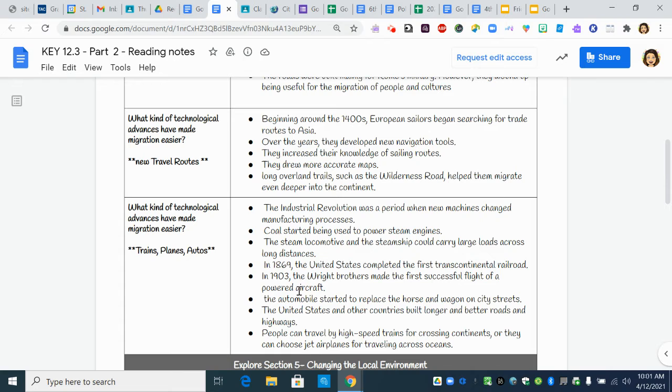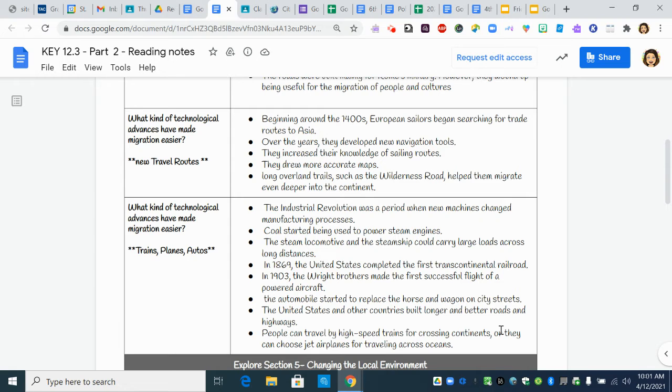In 1903, the Wright brothers made the first successful flight of a powered aircraft. The automobile started to replace the horse and wagon on city streets. The United States and other countries built longer and better roads and highways. People can travel by high-speed trains for crossing continents, or they can choose jet airplanes for traveling across oceans.